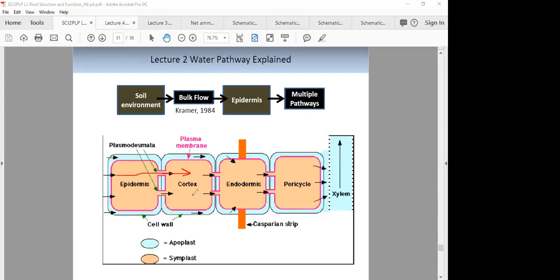Between the cells, starting with the letter P. Those fine tubes are plasmodesmata. Thank you.